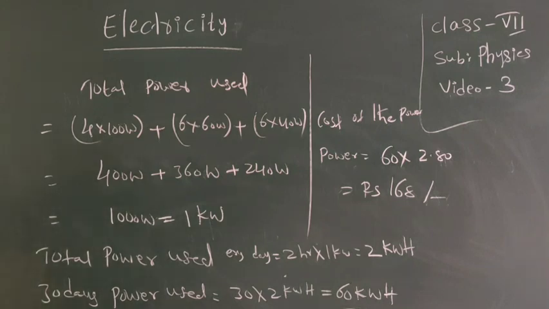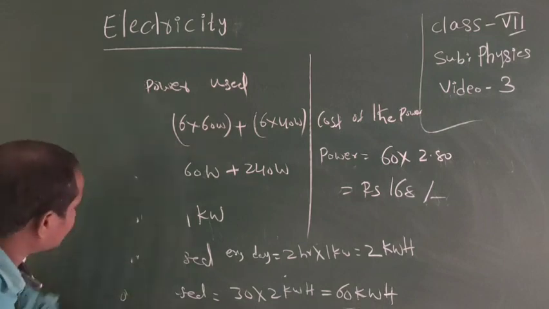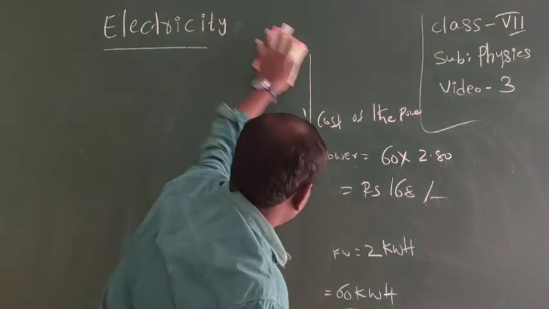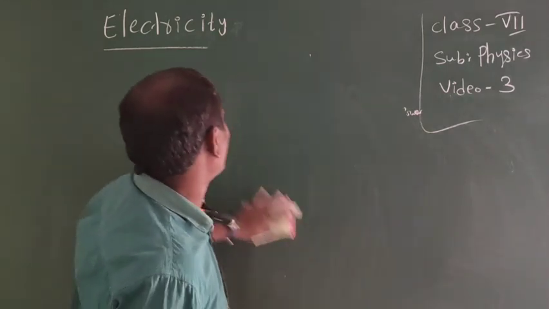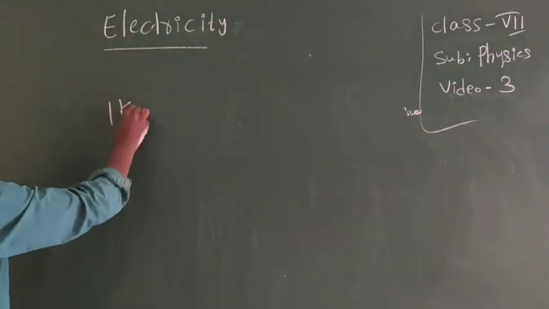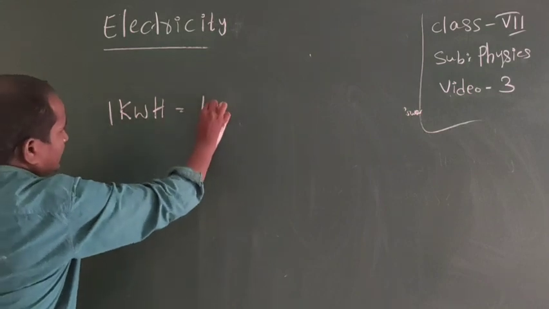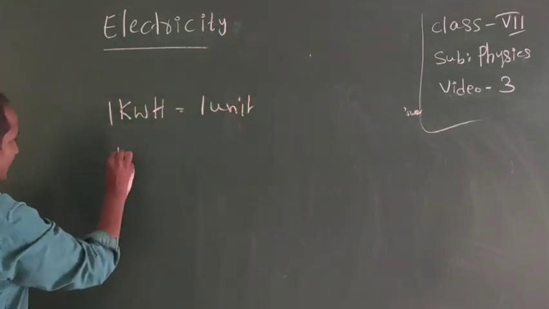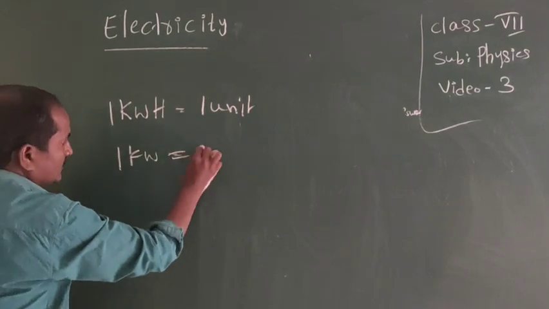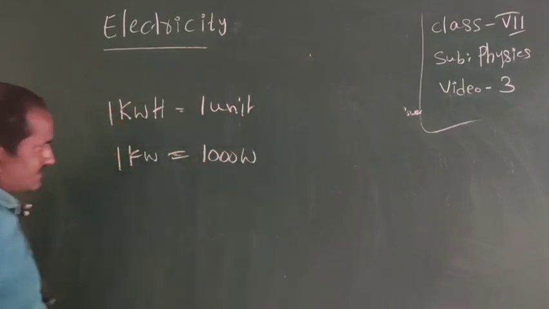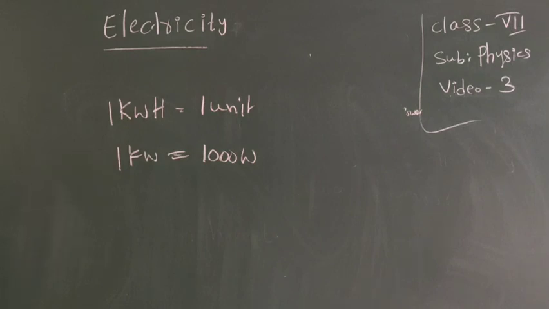I will write here: 1 kilowatt hour equals 1 unit, and 1 kilowatt equals 1000 watts. Okay, it is about electricity.